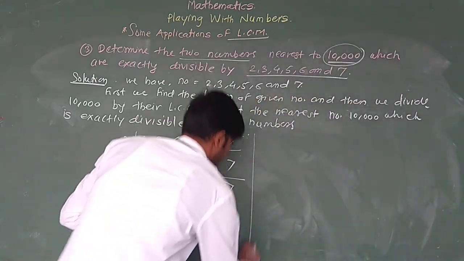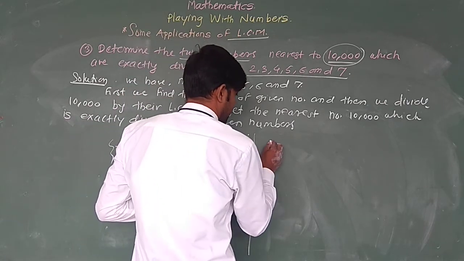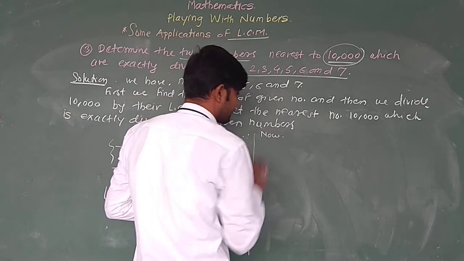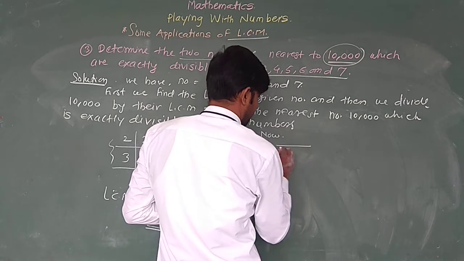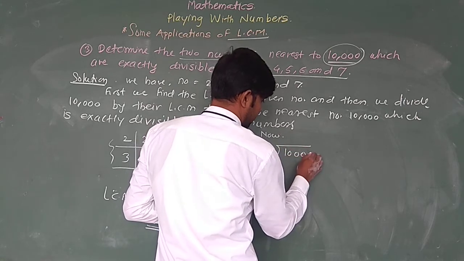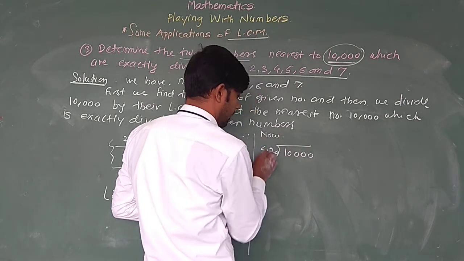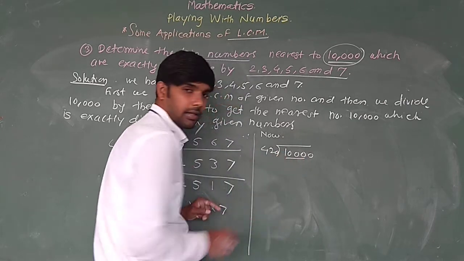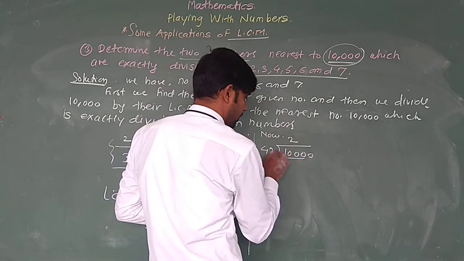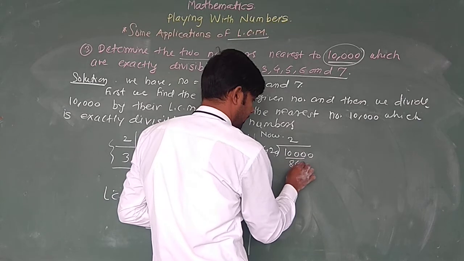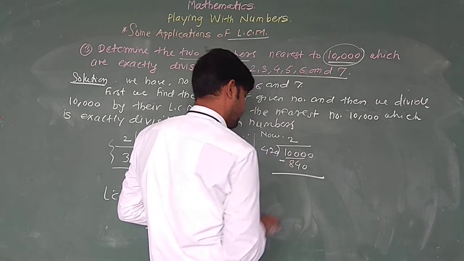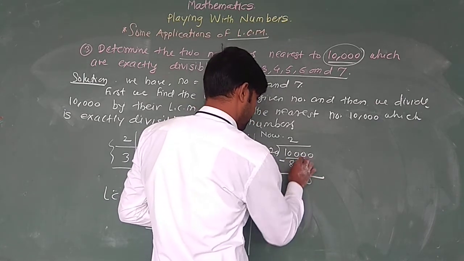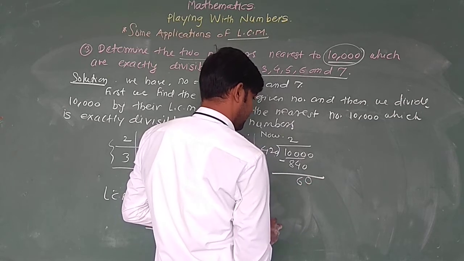To divide 10,000 by 420, here 840, minus, 0, 6.